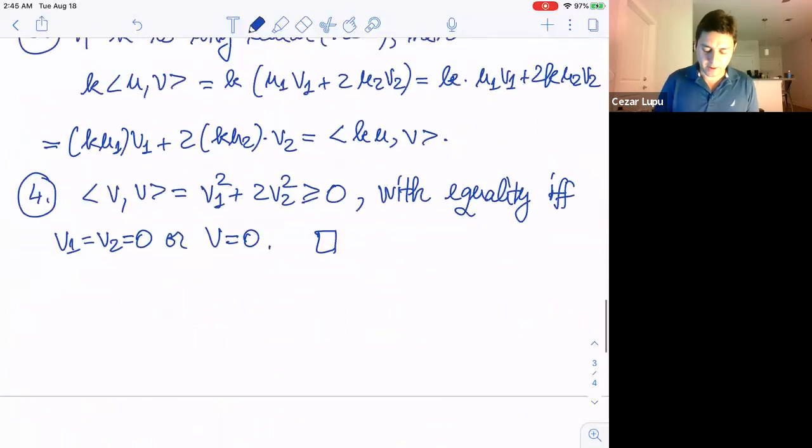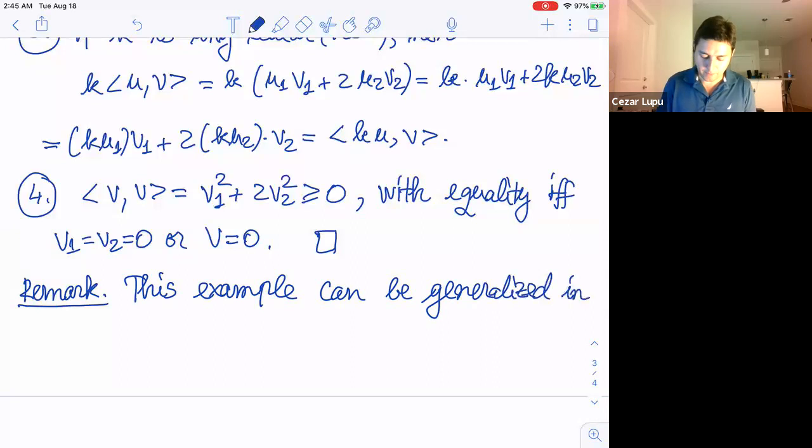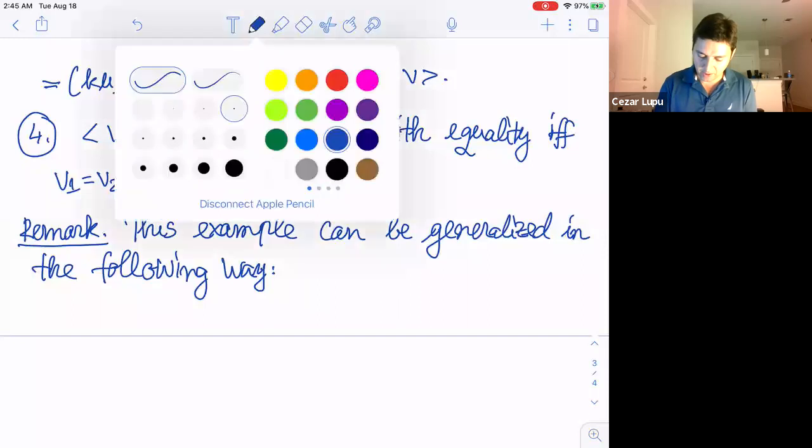Okay, and we can generalize this. Let me point out this remark. This example can be generalized in the following way. Instead of putting there the 2, we can put a constant.